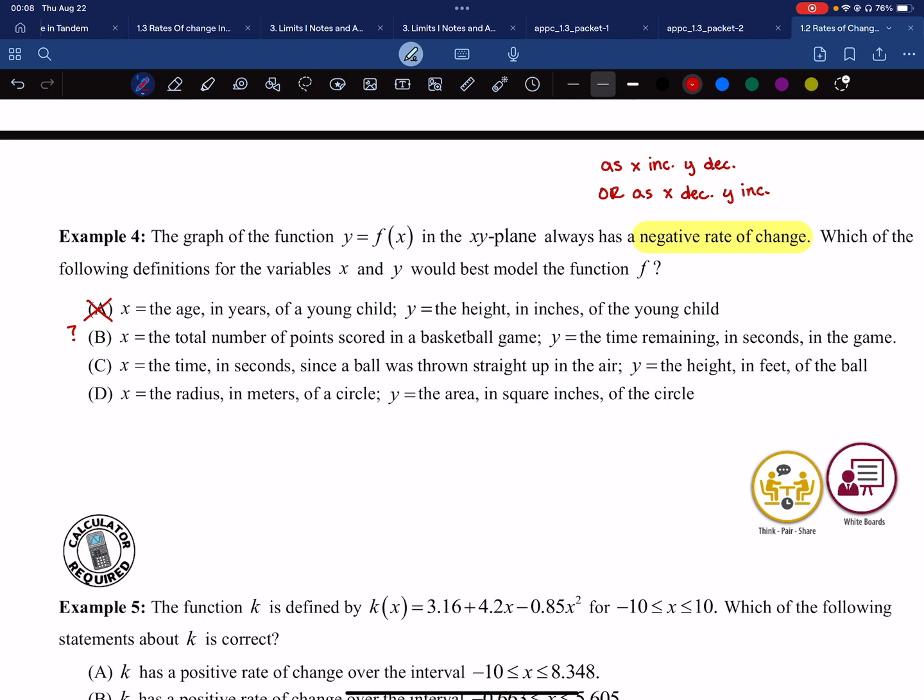So my height is going up, the time is going up, so that one's not going to work either. D, the radius in meters of a circle and the area in square inches of a circle. Well, if my meters increase, my square inches increase. So that's also not going to work. So the correct answer in this one is going to be B.